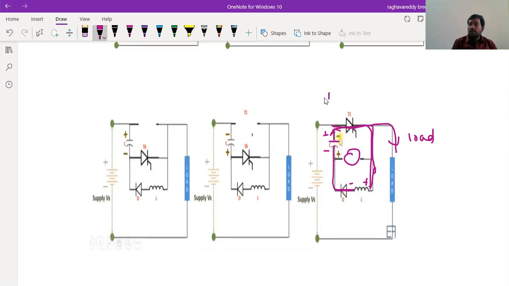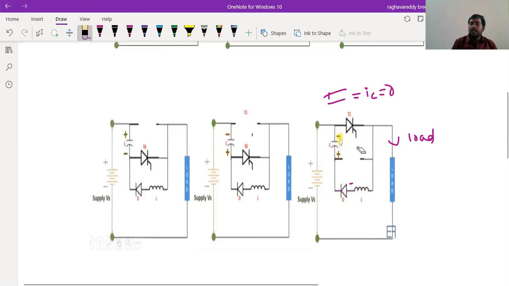After a certain time, the current through the capacitor reaches 0, and the capacitor is charged again in the reverse direction in this path, with the diode forward biased.